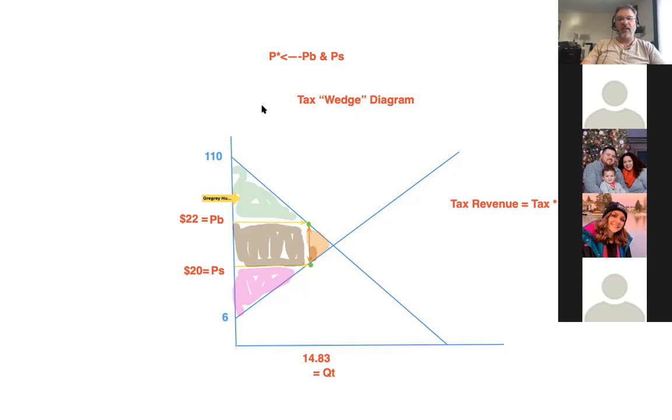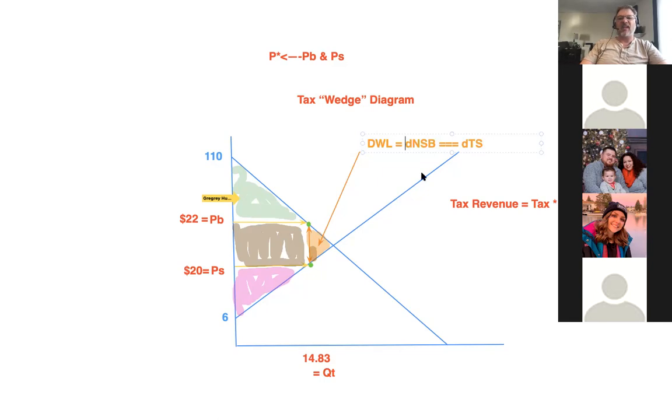And this is what we would call the deadweight loss of the tax, which is equal to the change in net social benefit, which is also, I put triple equals because it's exactly the same thing, the change in total surplus.